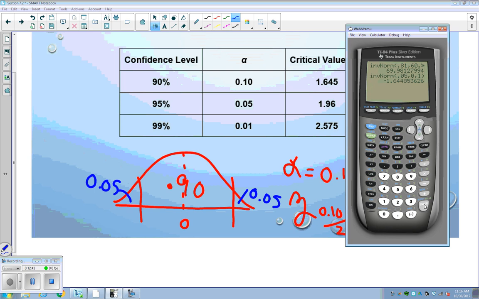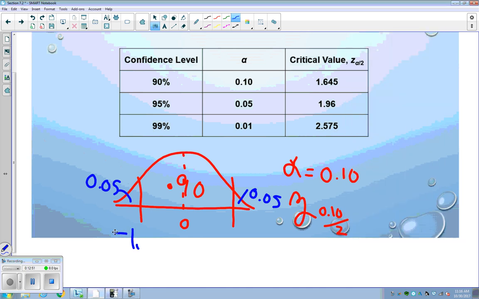And I get negative 1.6448. It's negative, and it rounds this way. If 5% is here and Z is negative 1.645, what's Z here? Same thing but positive. Does that make sense?